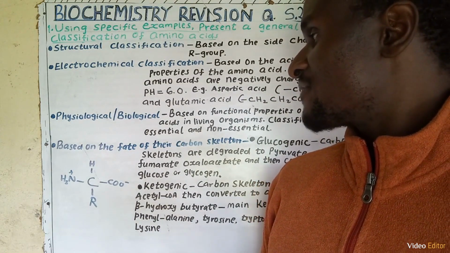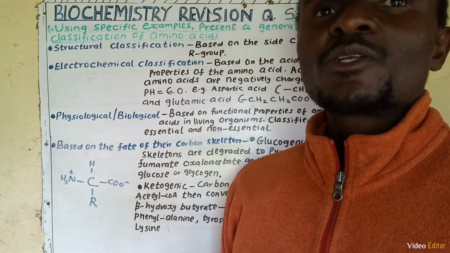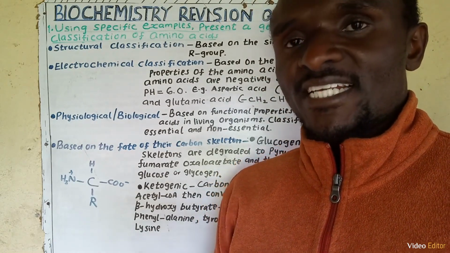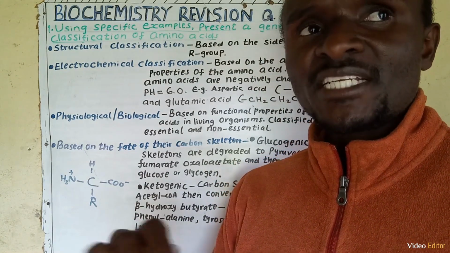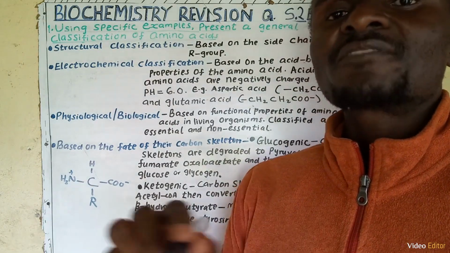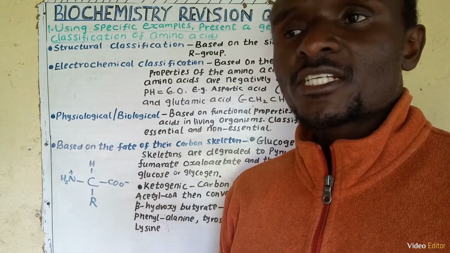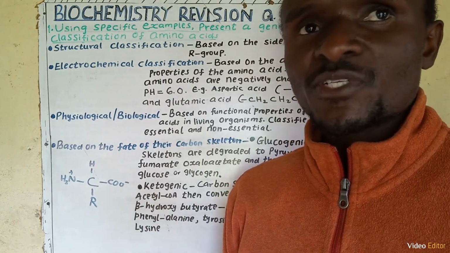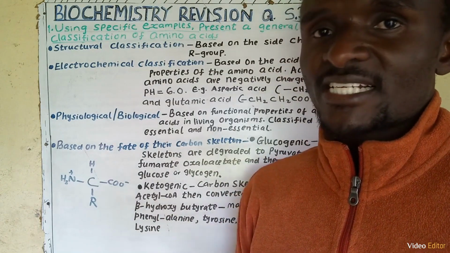Then based on the fate of their carbon skeleton. Some amino acids may be degraded into pyruvate and then into the intermediates of the TCA cycle, after which they can be converted into glucose or glycogen. Such amino acids are known as glucogenic amino acids.